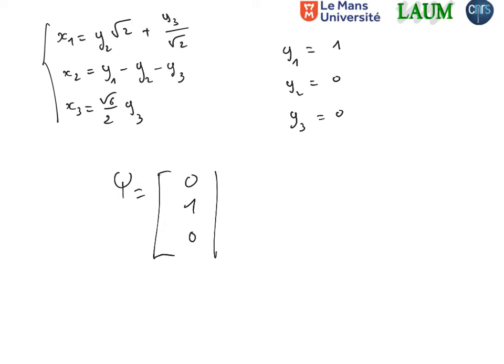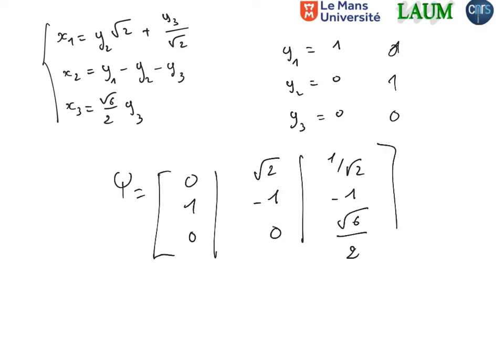For the second column, this is 1, 0, 1, 0, so square root of 2, minus 1, 0. And for the third column, this is y3, so 1 over square root of 2, minus 1, and square root of 6 divided by 2. Then I have now the expression of my matrix psi, and we can check, but you can do it by yourself, that phi psi equal to I3.